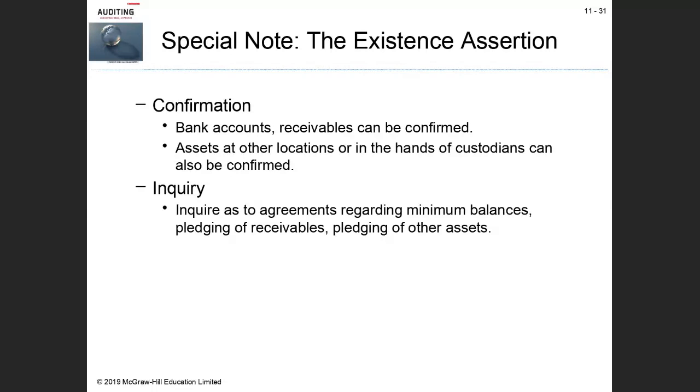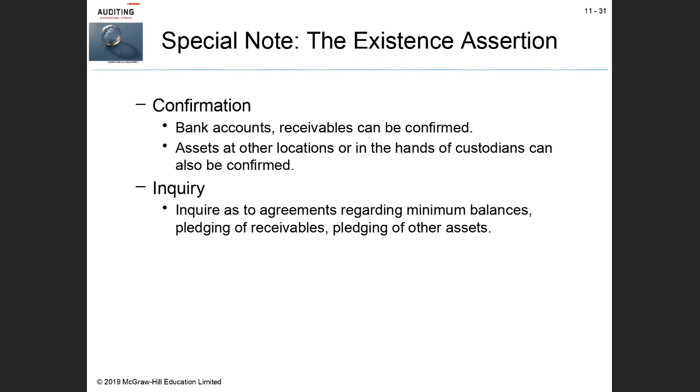The client will sign a confirmation for the auditor to send to their customers and to the bank to verify the balance as being correct. And the other day we mentioned in the text the pages where you can look to see the bank confirmation form and the accounts receivable confirmation as well. We're going to talk a little bit more about that in a minute.